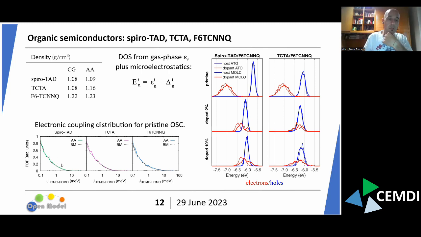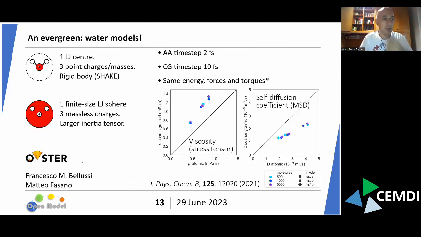And you see basically there's no difference between the atomistic reference and the distributions we get from the back mapped configurations, so from those samples that were created with a coarse grain model in the first place. That was published last month. I forgot to add the reference, but you can easily find it, I guess.